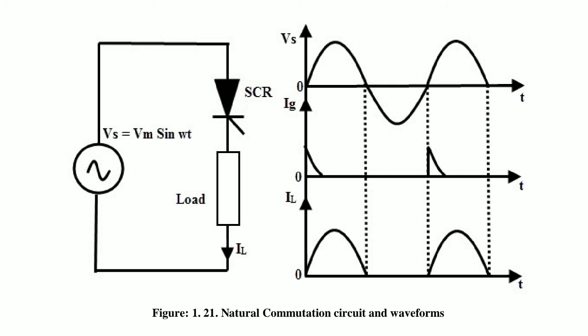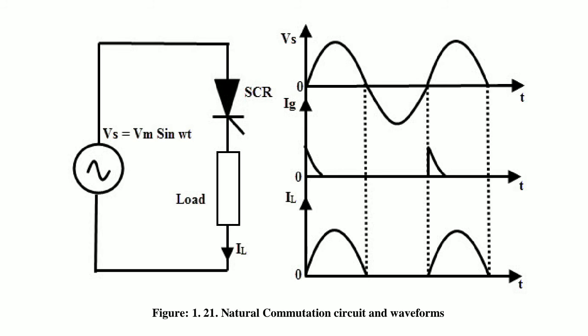The second waveform is the triggering pulses for the SCR, Ig, and the third waveform is IL, the current flowing through the load. One can see clearly, as soon as there is a positive half cycle of the input supply Vs, we trigger the SCR. That is, in the second waveform we provide the gate pulses to the SCR.